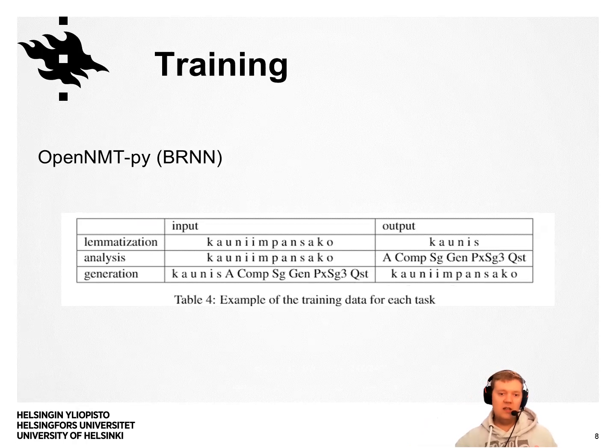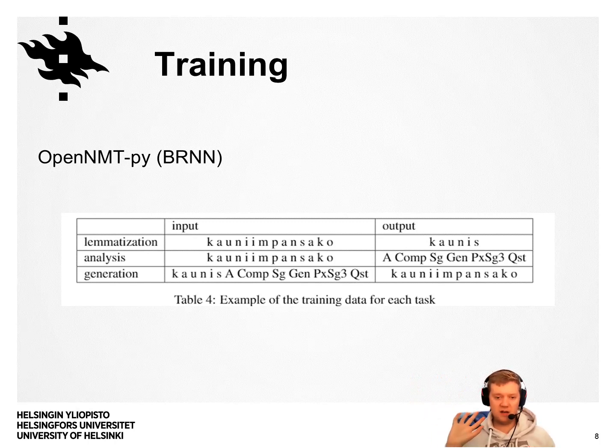For training, we're doing a very simple thing. We're just taking OpenNMT-py and using the default settings otherwise, but we are using a bidirectional recurrent neural network instead of the regular recurrent neural network. And this is the data we're going to feed to the model. On character level, we give the word kauniinpansakko and then predict the output lemma kaunis on character level.